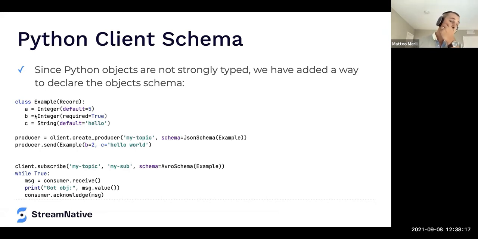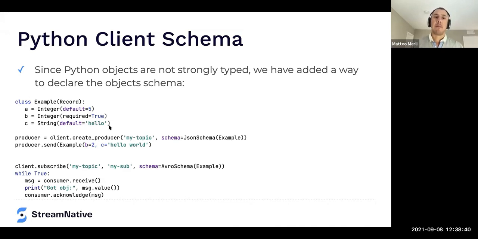So you can declare my field A is an integer with a default value of 5, for example, or my field B is an integer, and it is required true or required false. Essentially, I'm explicitly declaring my data format here. This is a very basic example, but you can get as complicated as you need.